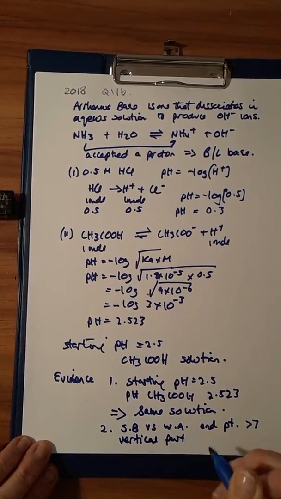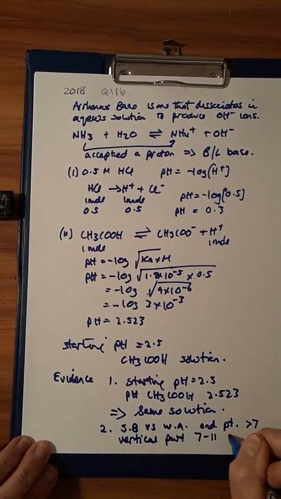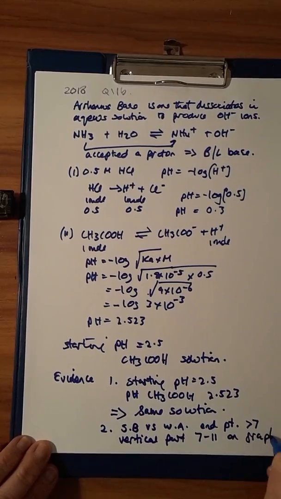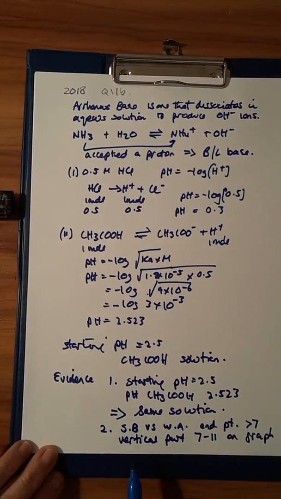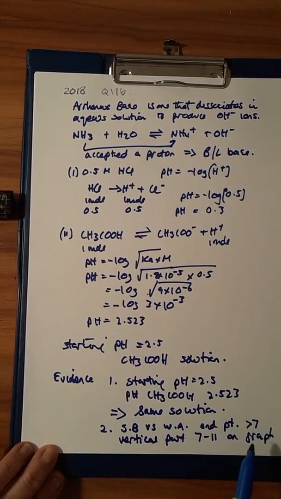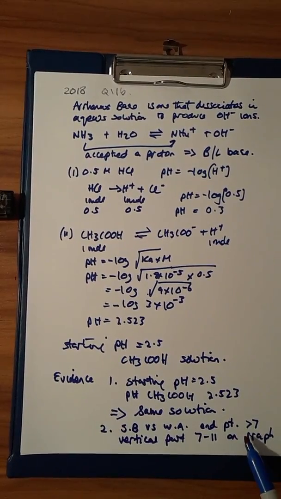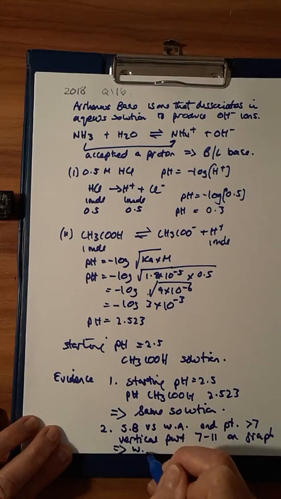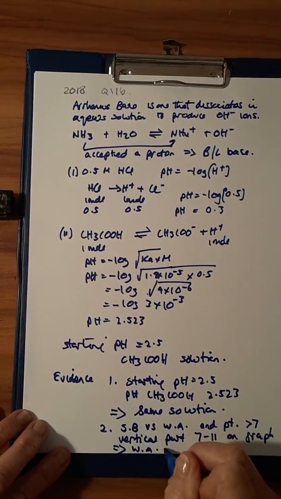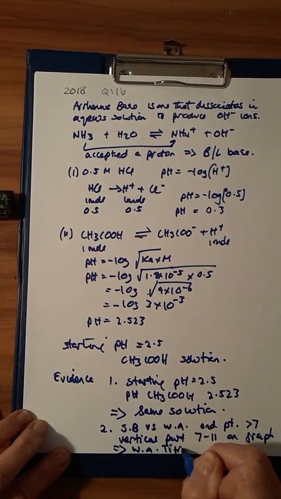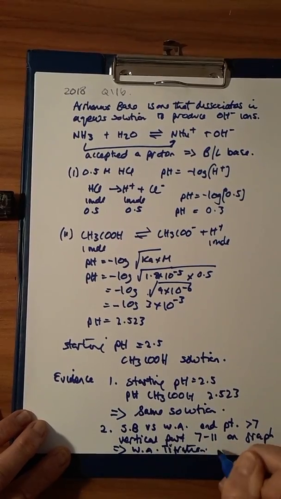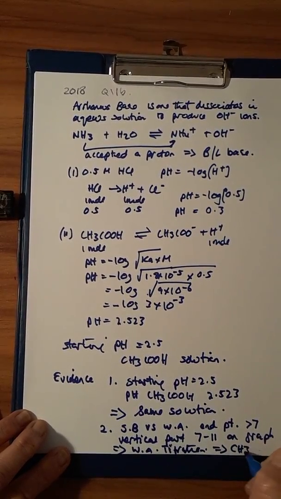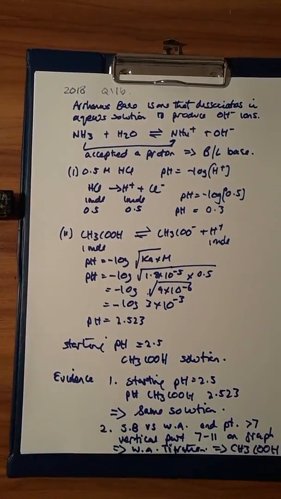The vertical part is between 7 and 11 on the graph, which coincides with the titration for a weak acid. So which implies a weak acid titration, strong base, and that weak acid is therefore ethanoic acid. I know that's a weak acid, so I'd use that one. Okay.